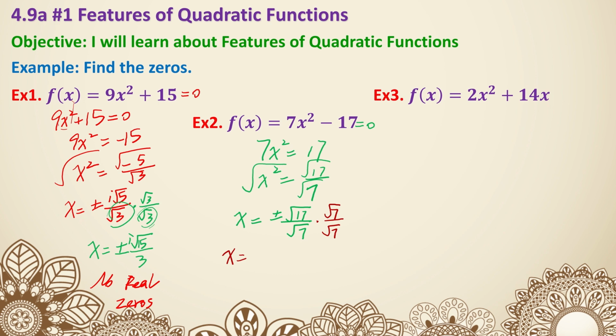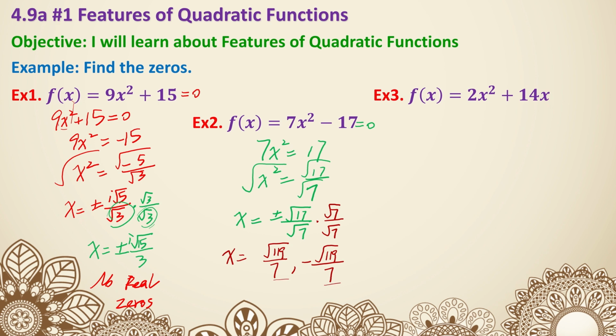And my x is going to be a positive square root of 119 over 7 or a negative square root of 119 over 7. A lot of times when we write zeros, we do write them separately. And in this case, even though you're like, wait, that's not just a fraction, well, a radical is still a real number. A radical is an irrational number, and in this case, that's still a real number. So these are going to be our zeros.